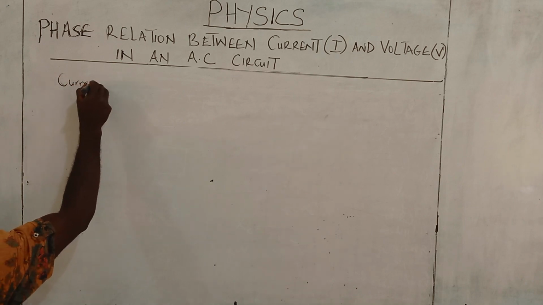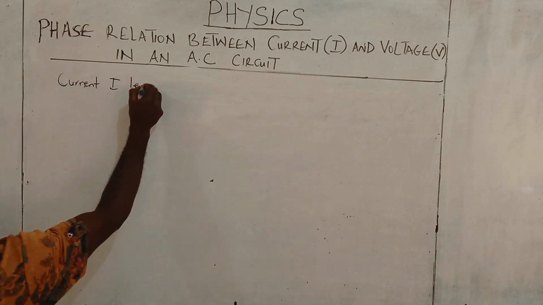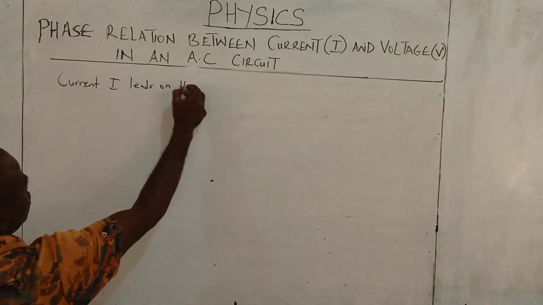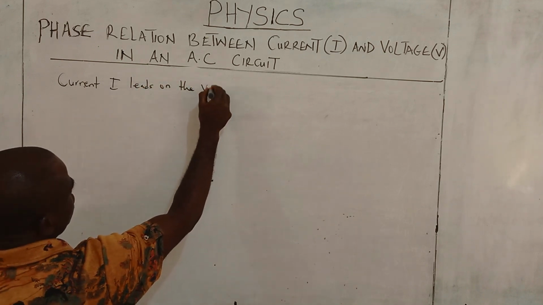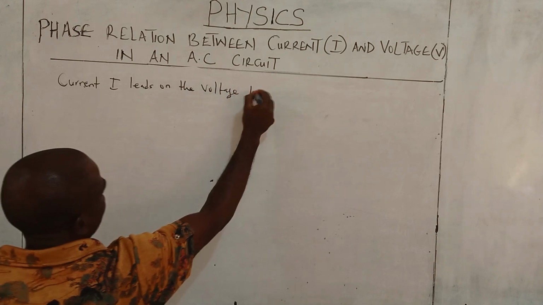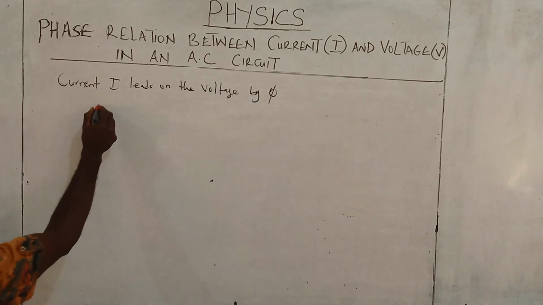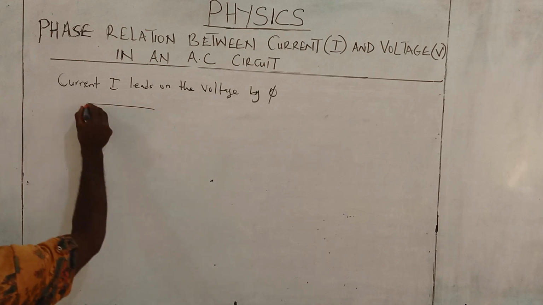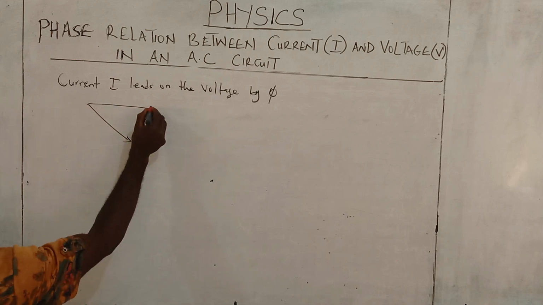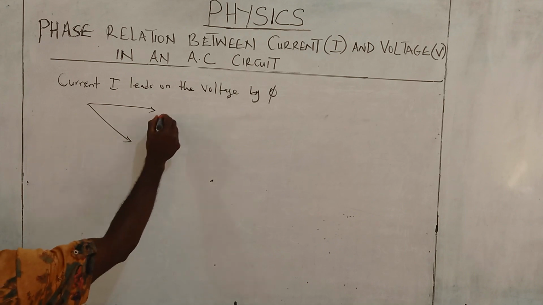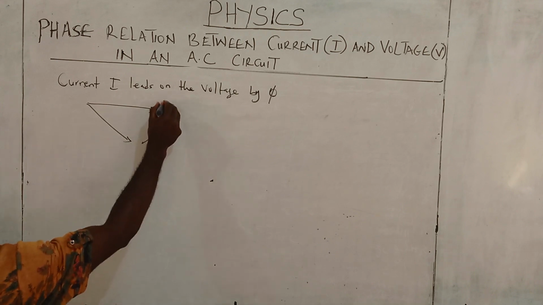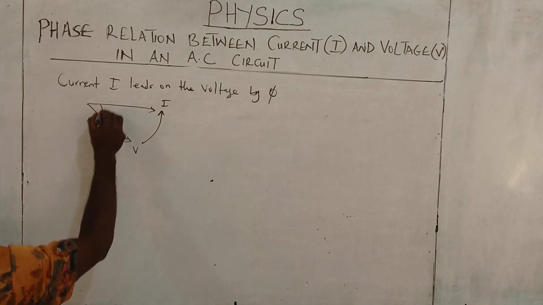Current I leads the voltage by phi. In this case, we draw R, current will be here, voltage will be here.